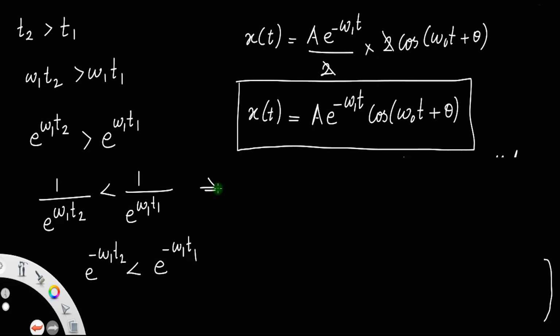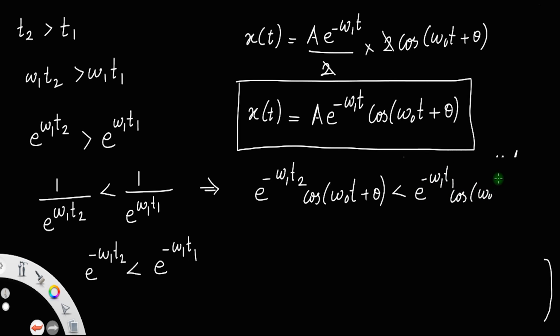If you multiply cos (omega 0 t plus theta) on both sides, e raised to minus omega 1 t2 cos (omega 0 t plus theta) is less than e raised to minus omega 1 t1 cos (omega 0 t plus theta).